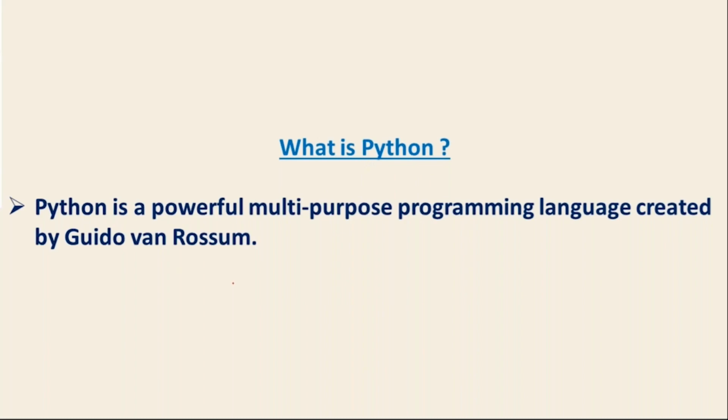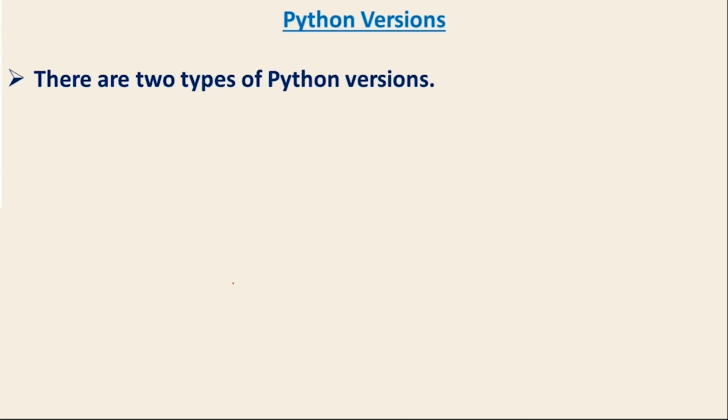That's it. And not only with Python, if you go with any software, generally there are different versions. Even in Python, we have two types of versions: 2.x and 3.x. Again in 2.x and 3.x, we have some subversions, but you don't need to bother about subversions, right? It's very simple to understand.